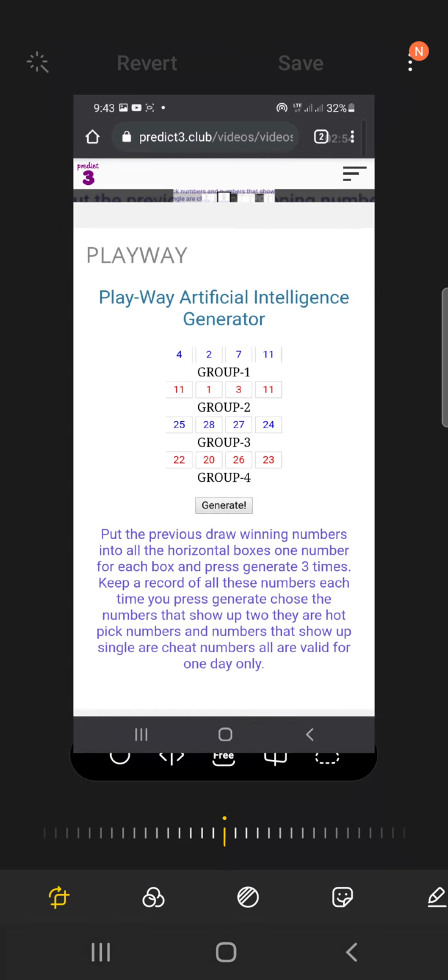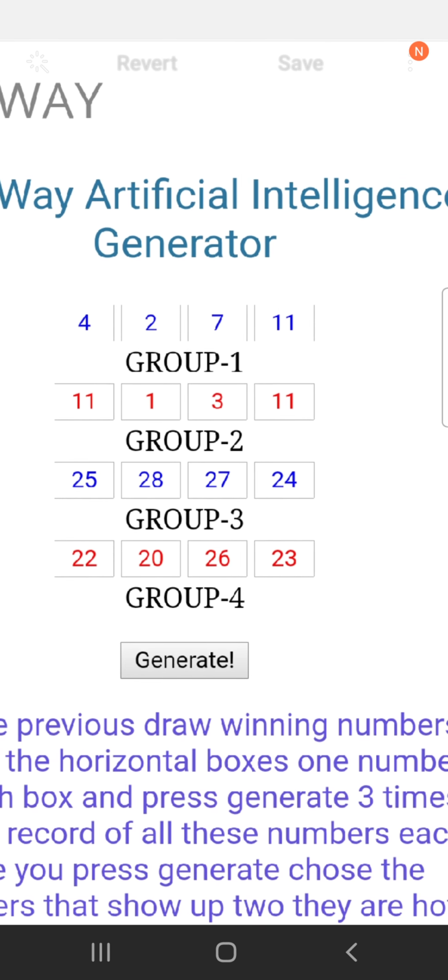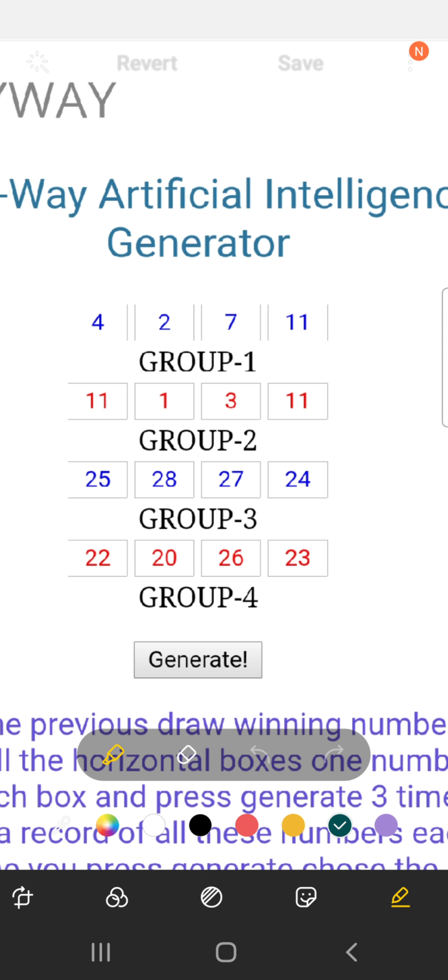The number must show up 2 times or more across the different sets of numbers that I generate. It could show up 1 time in one set of numbers that I generate, and in the second set it could show up 1 time. It is considered as showing up 2 times. It doesn't have to be in one set of numbers showing up 2 times only.